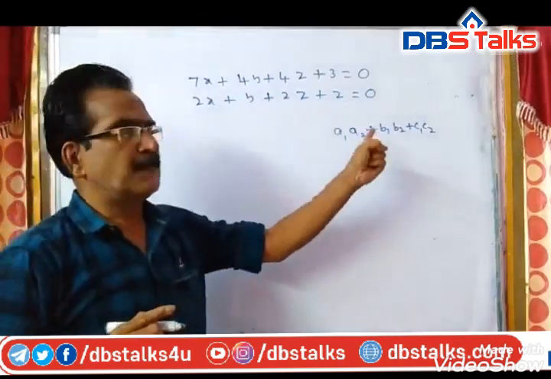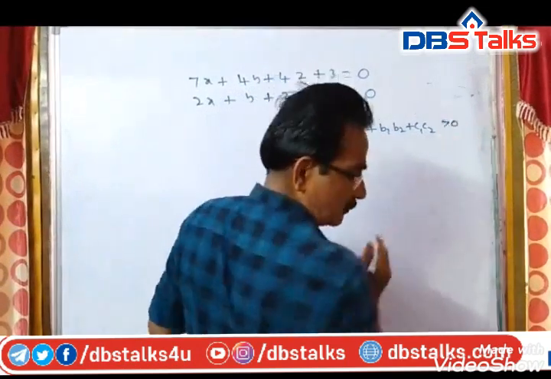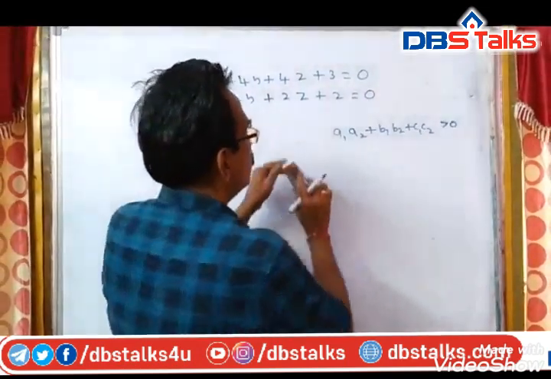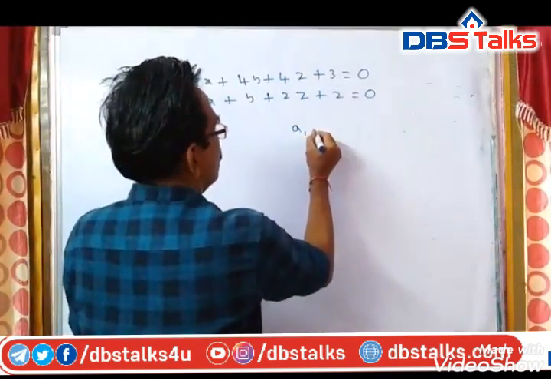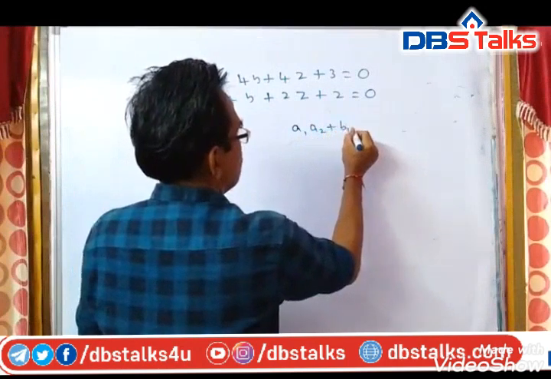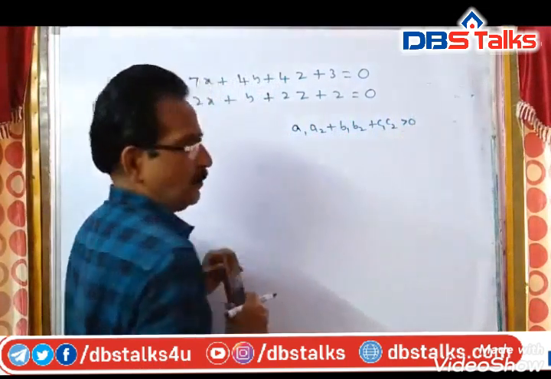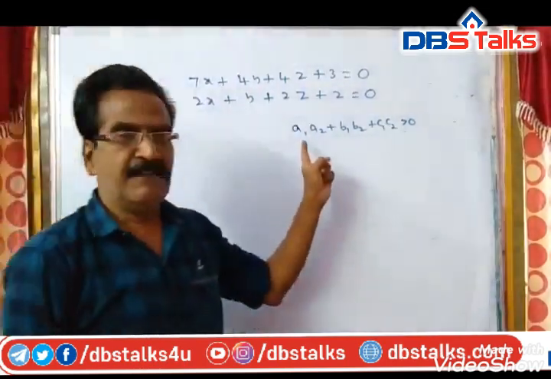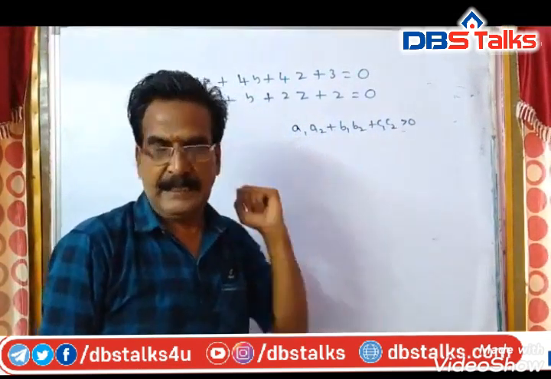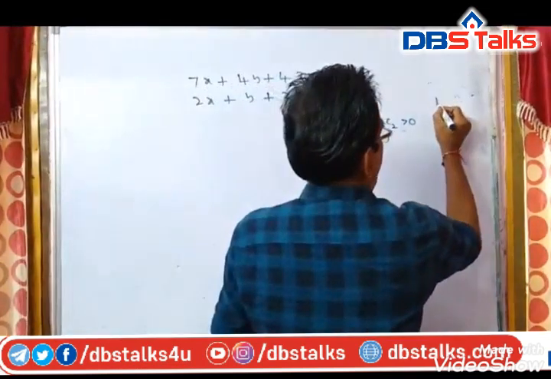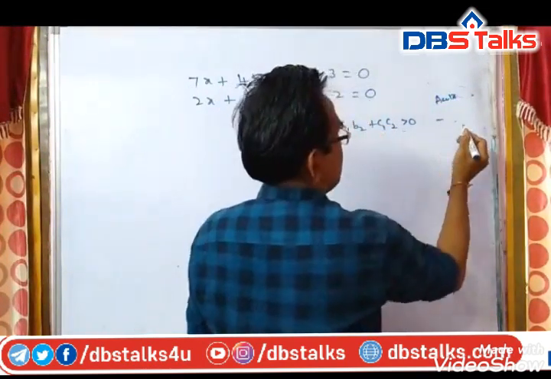If a1a2 + b1b2 + c1c2 is greater than 0, then for the acute angle bisector we have to take minus.